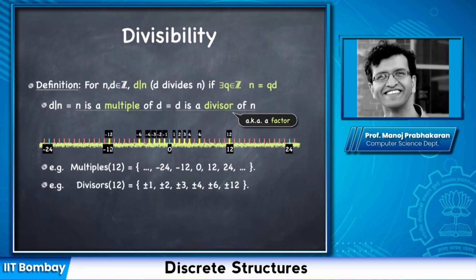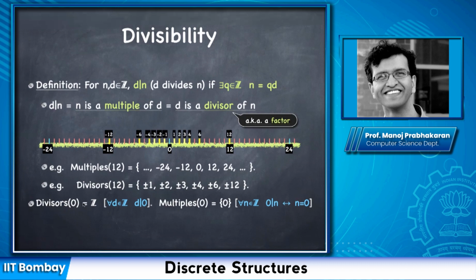There's one example that is special though: the multiples and divisors of 0. What is special is that, since 0 times anything is 0, the multiples of 0 are only 0. You multiply 0 with any q, you'll keep getting back 0. So multiples of 0 only consist of 0.